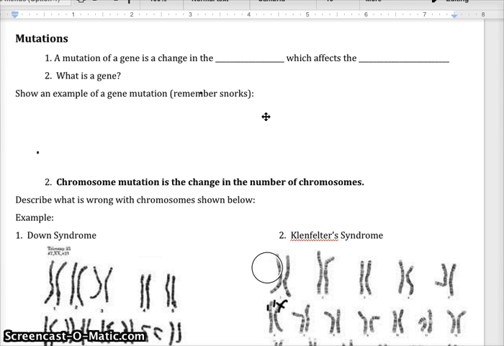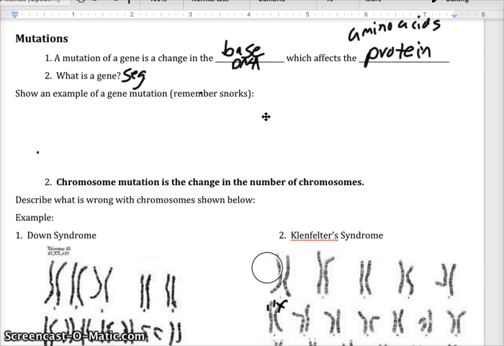A gene mutation is a change in the base, or the DNA, which affects the amino acids or the protein. Remember, proteins are made of amino acids, so if it affects the amino acids, it affects the protein. And what is a gene? It's just a segment of DNA that codes for a protein.